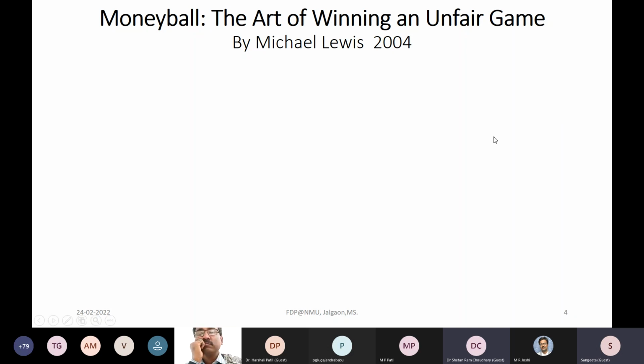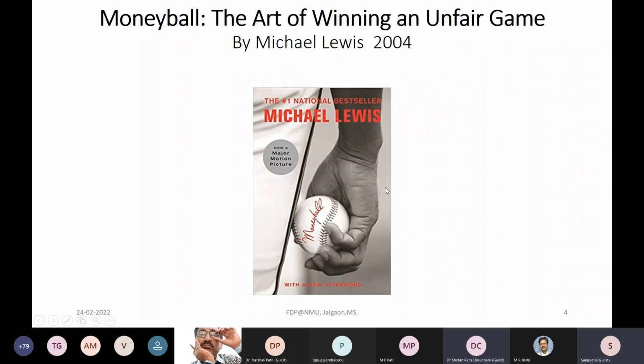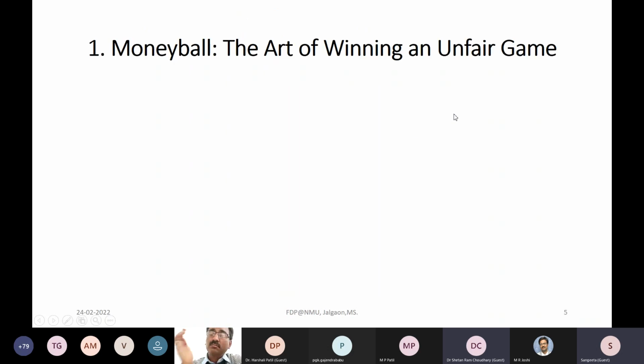No problem. So this is based on a real story of 2002, when an American baseball team lost 3 key players. Baseball is very famous in America, and they have big teams and a lot of money involved. And this book is a national bestseller, which came up later. This is the first case study which I'm discussing.